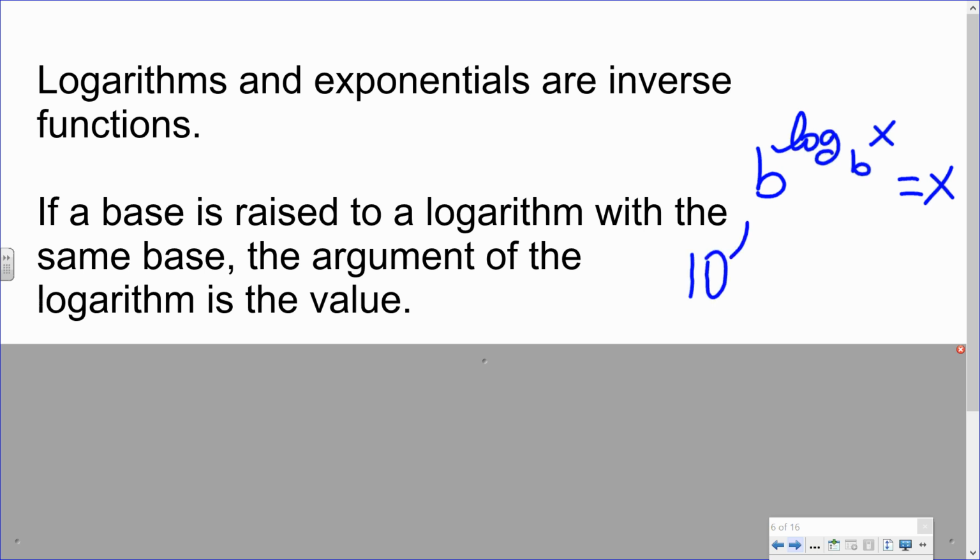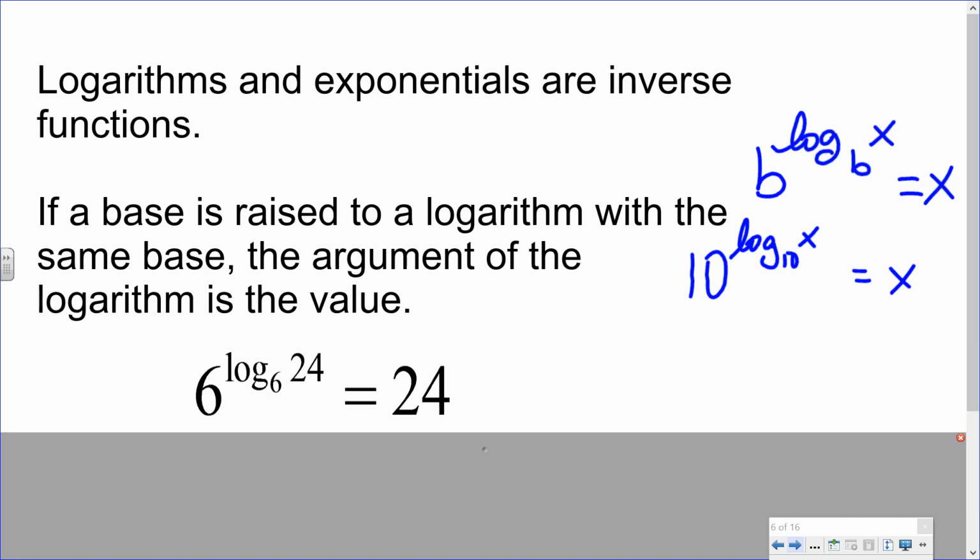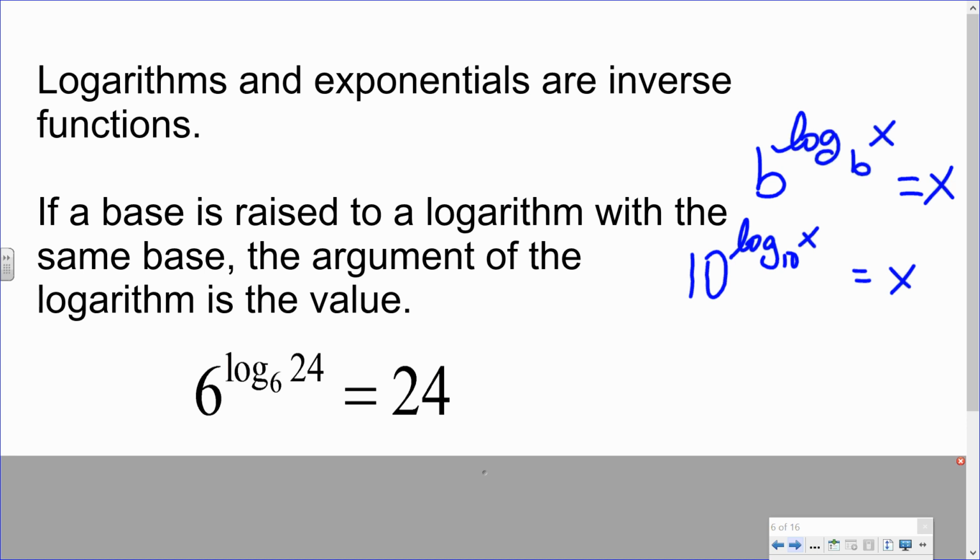That could be 10 to the log base 10 of x. 10 and log 10 cancel, and we just have x. It could be 6 to the log base 6 of 24. 6 and log 6 cancel, and we just have the 24. It could be e to the log base e of x, or that's what we call the natural log. e to the log base e will cancel out, and we just have x, because those are inverses and undo each other. That's one direction.